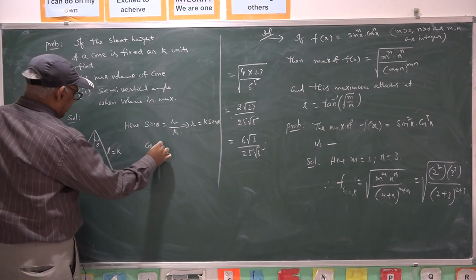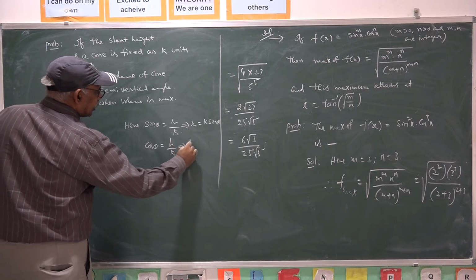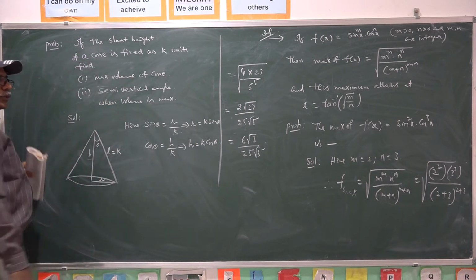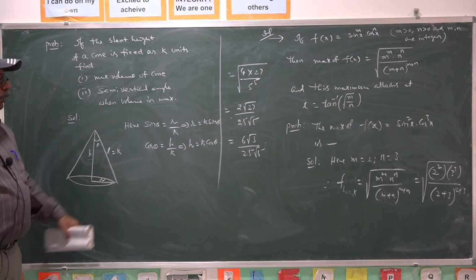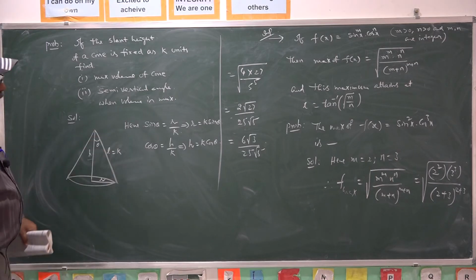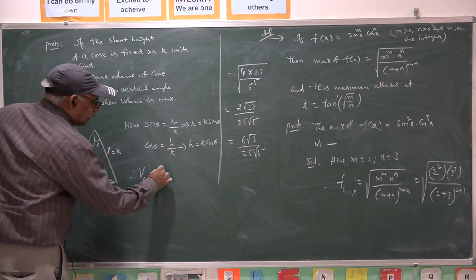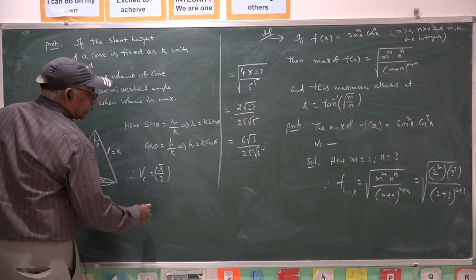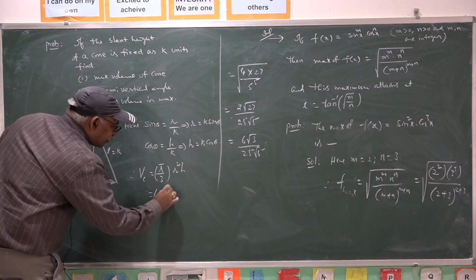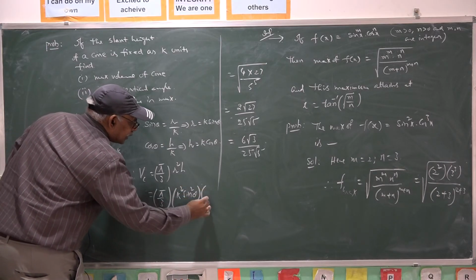Similarly, cos theta equals H by K, so the height H equals K cos theta. So base radius and height are written in terms of L and theta, where L is the constant K. Therefore the volume of the cone is pi by 3 R square H, that is pi by 3 into K square sin square theta into K cos theta.